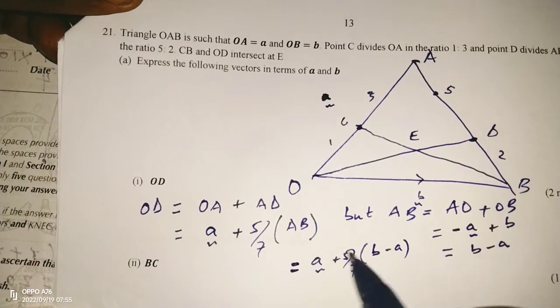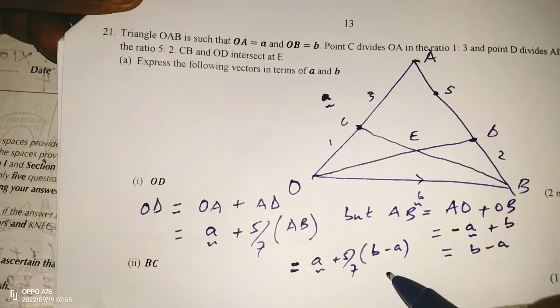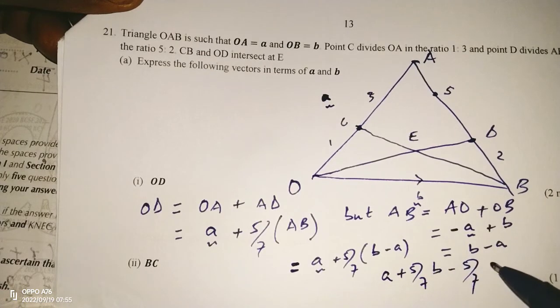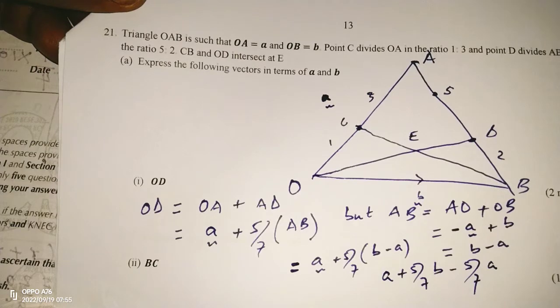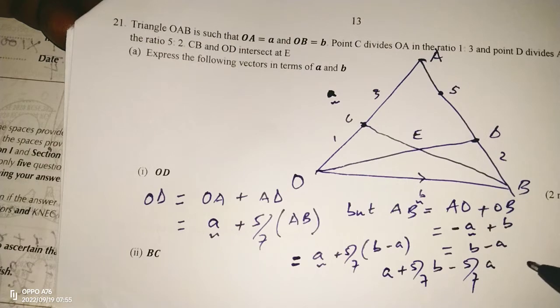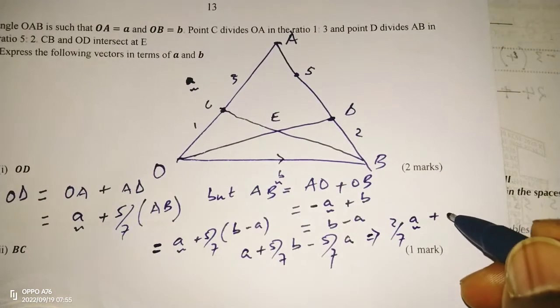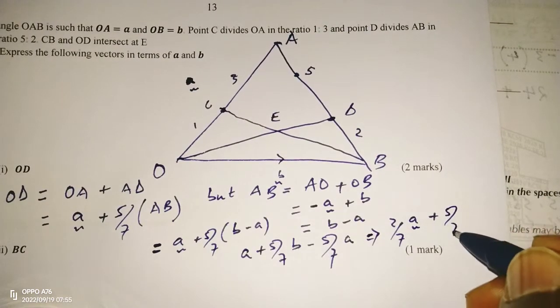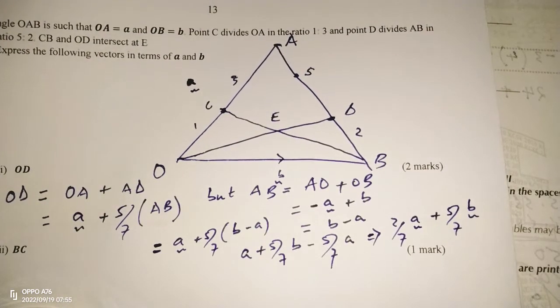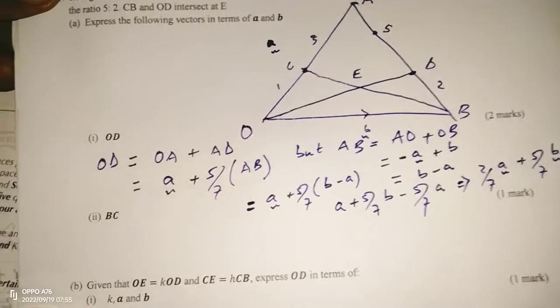So this is A plus 5/7 B minus 5/7 vector A. When we group the vectors together, A minus 5/7 A gives 2/7. Therefore, OD is 2/7 vector A plus 5/7 vector B. That is the expression of the first vector.